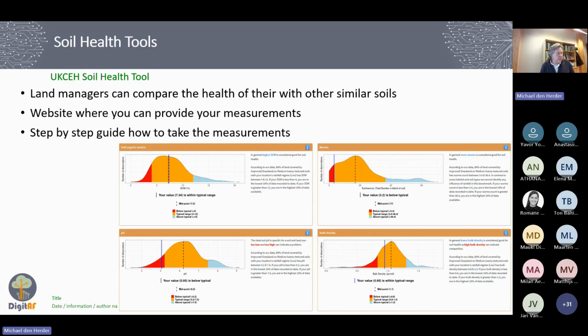Here I put the values of the Finnish farm compared with the average farms, and you see that the soil organic matter was within the range you expect, and bulk density was also within the expected range, but the number of earthworms was much lower, and the pH was much lower. So we found this quite a useful tool.